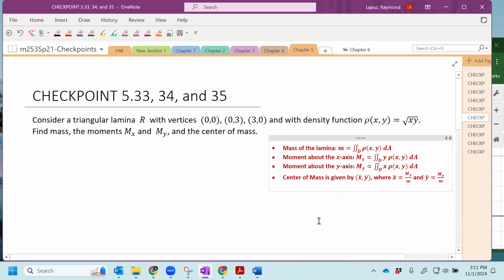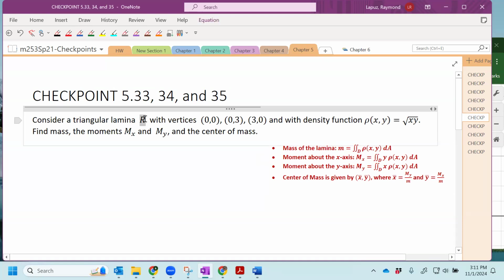So on the side here are the formulas that will be needed. The mass of the lamina will be a double integral over the domain D, or in this case R, of the density function as a function of x and y, and then we're going to integrate that with respect to x and y in whatever particular order we want.